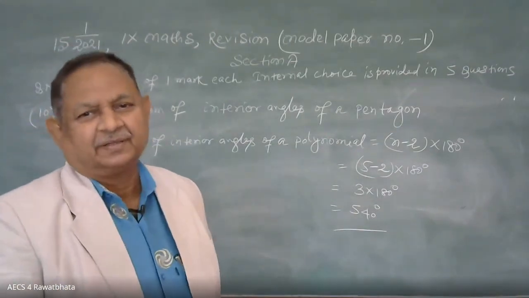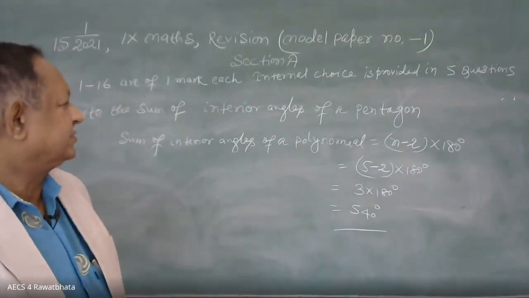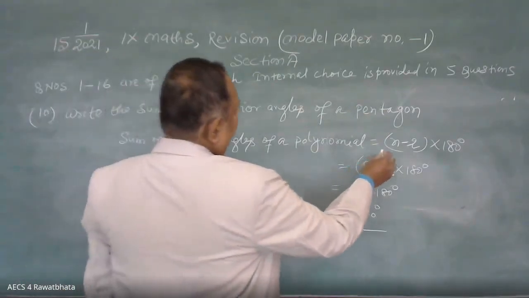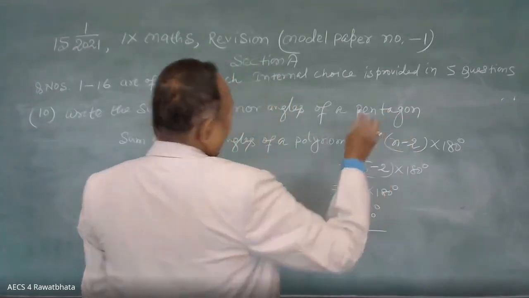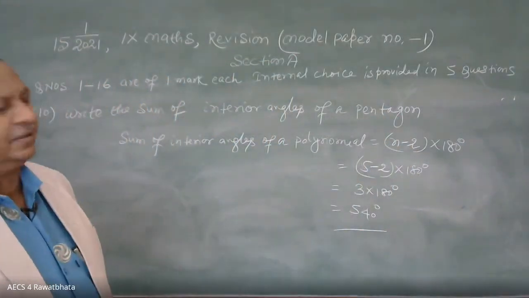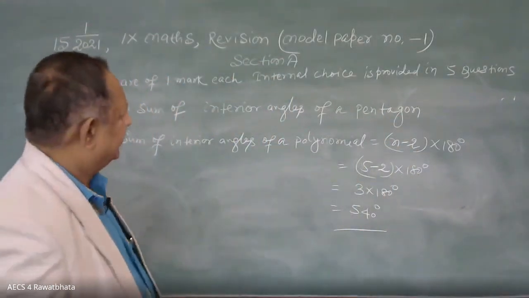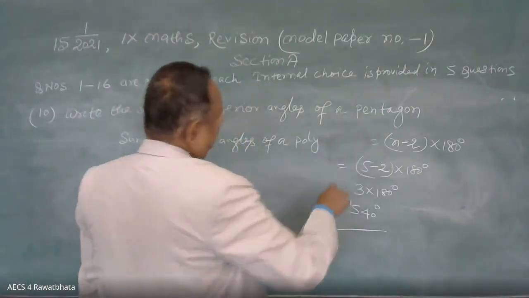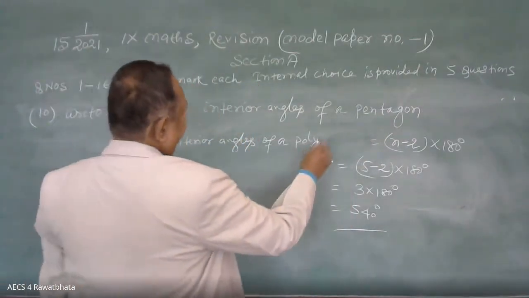Neelam Sisodia, 540 degree. So this is the general formula where n is the number of sides of a polygon. Polygon, not polynomial. This is polygon.